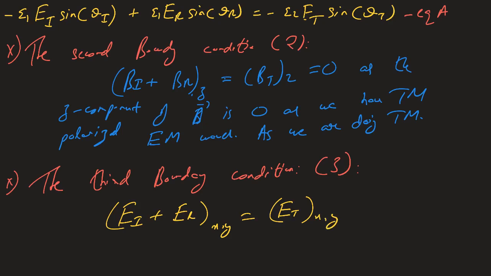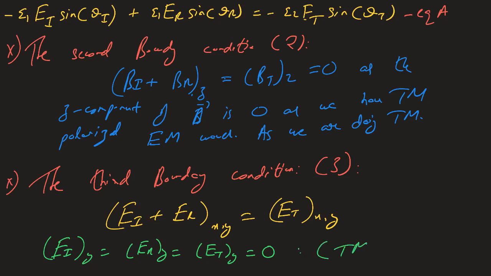Now we have TM polarization, and the y direction is where the B field points, right? So in fact, what we have is that E incident y is equal to E reflected y is equal to E transmitted y is equal to 0, right? Once again, because it's TM polarized. Guys, this will not be the same for TE polarization, but for now it is. But what's the x component?